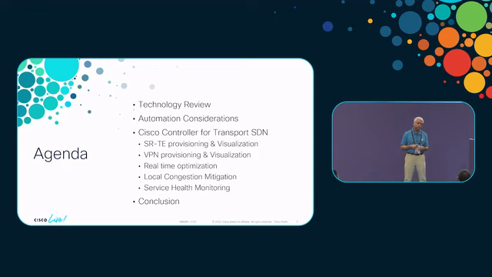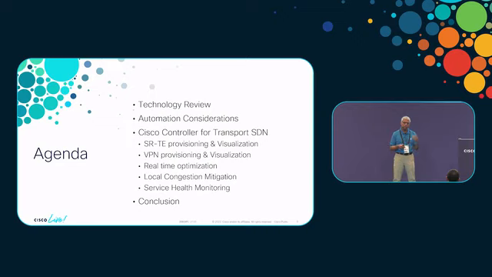What we'll start with is a technology review, briefly recapping some of the use cases that we are trying to automate. We'll look into some of the VPN and segment routing related technologies, more as a review. Then we'll look into some of the automation considerations and where we are headed as an industry, what things are being talked about and being adopted by the network operators as well as by vendors, right?